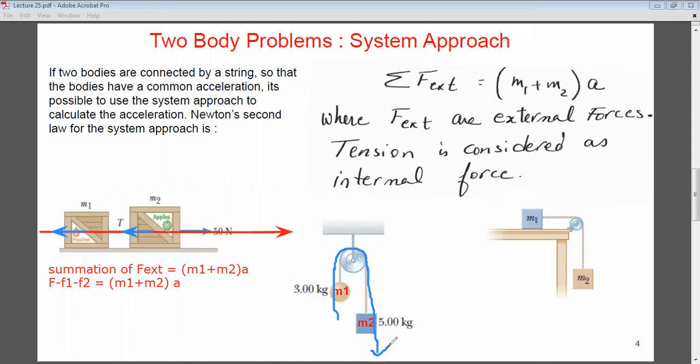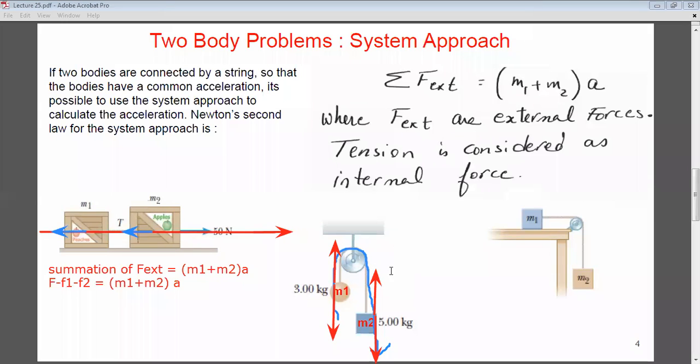Okay, so what are the forces along this line? This object has weight and tension, and here there is weight and tension. And the blue line is how they are moving.